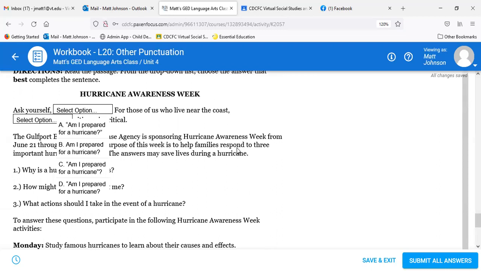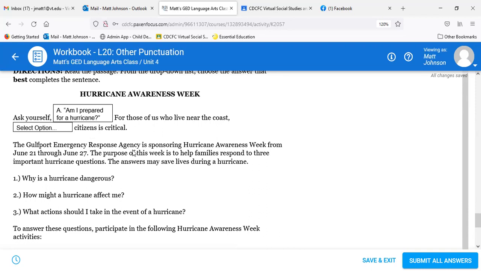C. So A, this one we haven't really covered as much, but if someone is sort of commanding you to ask yourself something, or you might think something like that, you're also going to use quotations as if somebody is asking that question or is thinking that thought. So it's not always direct language, but it's maybe implying that you are saying that as well. So ask yourself, comma, quotations, am I prepared for a hurricane?